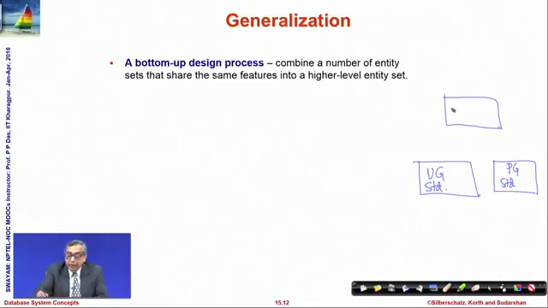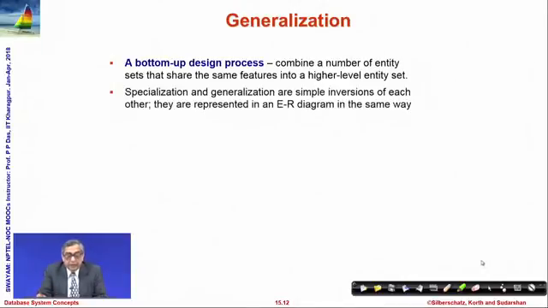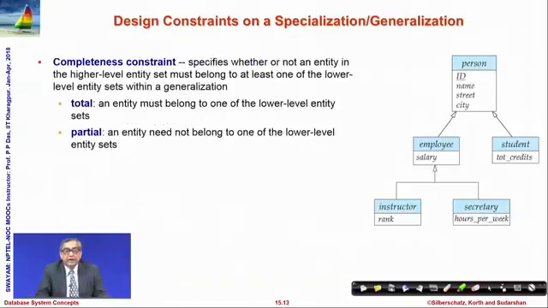So, instead of having them as two separate entity sets, you could extract out the common attributes and put them at a higher level entity. All that you are doing is, instead of going top down, you are going bottom up. So, you can easily see that specialization and generalization are inverses of each other, and they are used interchangeably in entity relationship design.